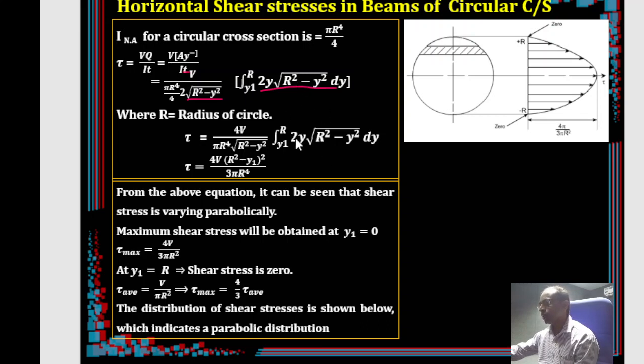First of all, write this in terms of f dash x into f of x, integral of minus 2y. Of course you can put another negative outside, and then you can use the term r square minus y square to the power half.